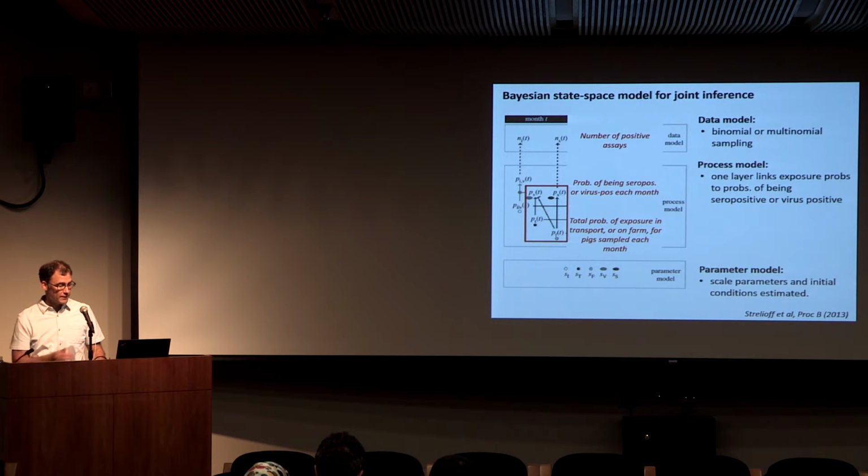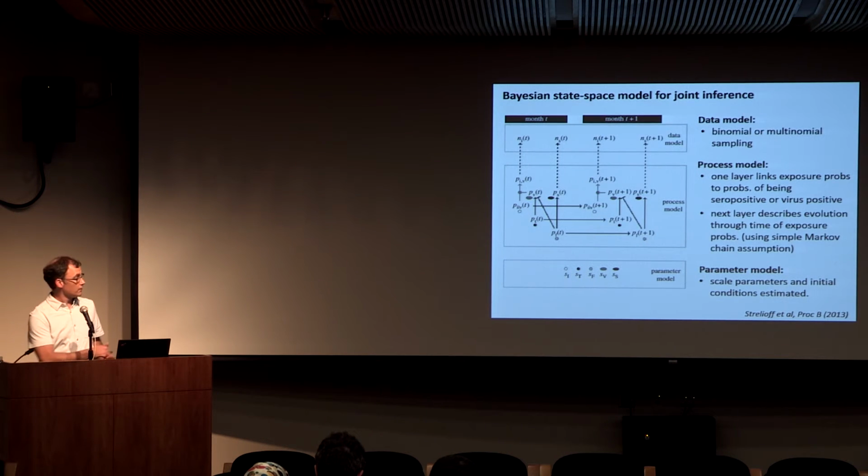So that's one layer, and then there's a temporal element where you have a change in the actual exposure probabilities from month to month, which reflects how the disease may be intensifying or weakening through time. So that's the broad model, and I should say we just model that using a simple Markov chain assumption with very little structure. We just essentially let it drift and let the data tell us what happened.